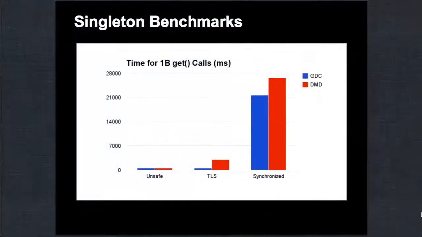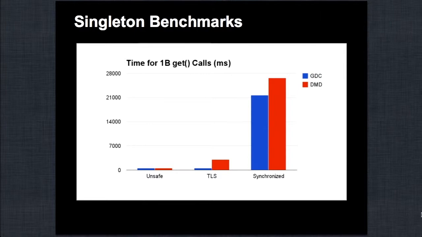So here are some benchmarks of this pattern. So we have a thread unsafe singleton on the left, and I benchmarked this with both GDC and DMD because GDC seems to optimize thread local storage better than DMD. And so the y-axis is execution time in milliseconds for 1 billion calls to get. So in the middle, we have our thread local storage-based singleton.